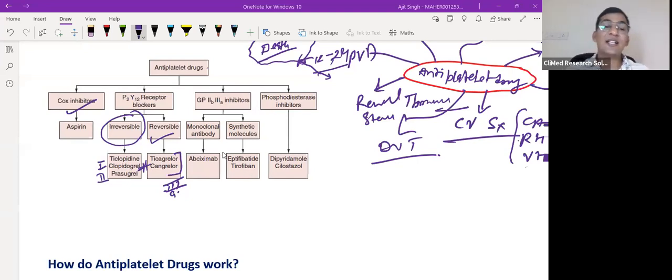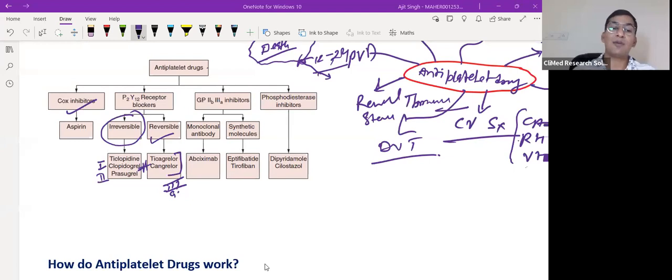Abciximab is the actual monoclonal antibody, coming directly from animal sources, sometimes from the cow, sometimes from the pig, and especially from the goat, from the spleens. But eptifibatide and tirofiban are synthetic molecules, and all of these are GP2b3a inhibitors.